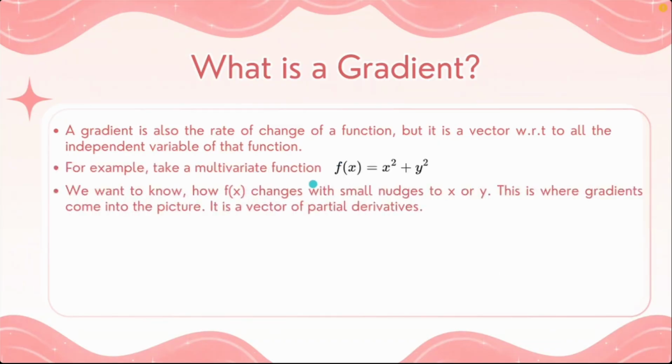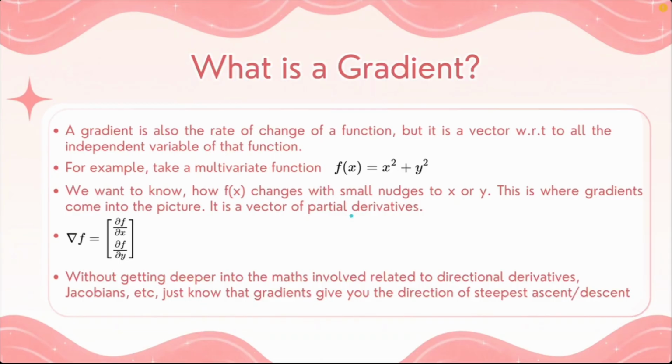Let's say you take a multivariate function f(x), which is x power 2 plus y power 2. We want to understand how the function changes with nudges to both x and y. This is where gradients come into the picture. This is a mathematical symbol called nabla. When you say nabla of f, you are making a vector of partial derivatives of the function with respect to each of the independent variables.